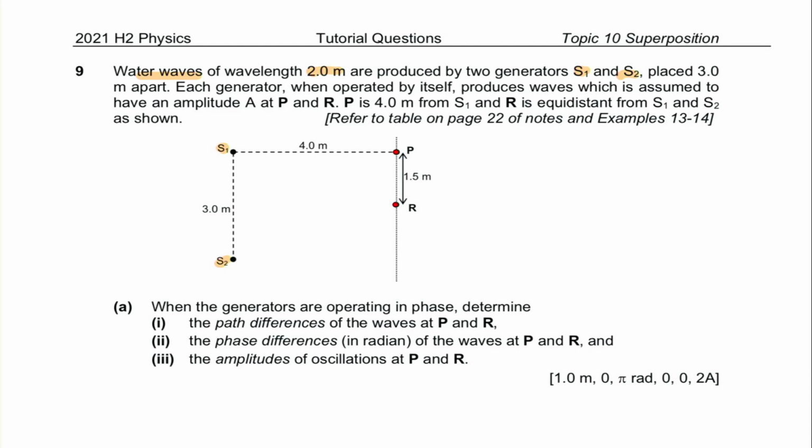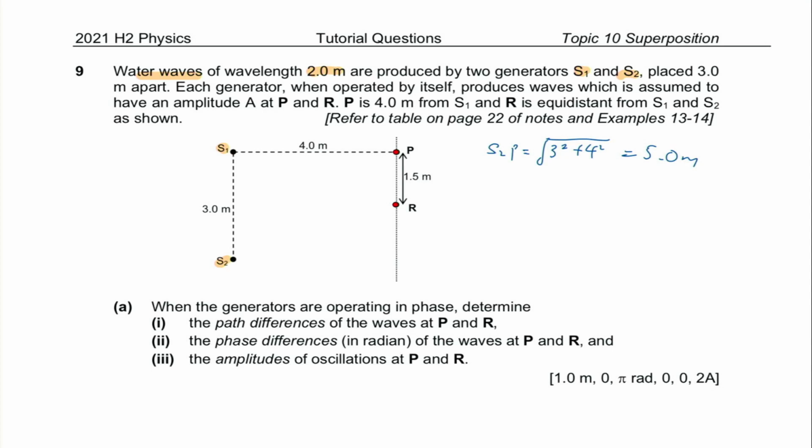Clearly you can see that S2P is longer than S1P. We can work out S2P. You can use a right angle triangle, so this will be the square root of 3 squared plus 4 squared, which is equal to 5.0 meters.